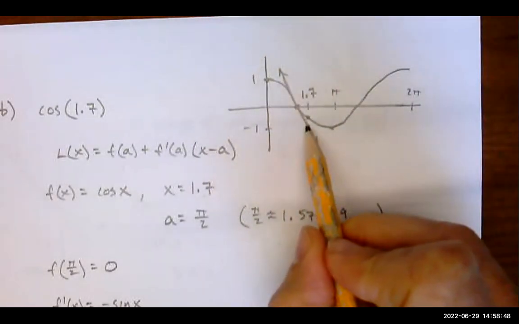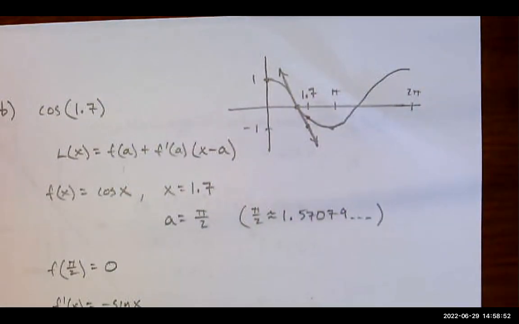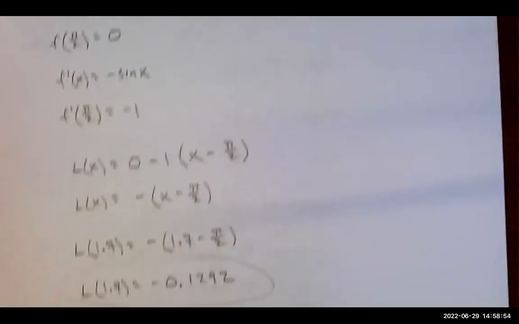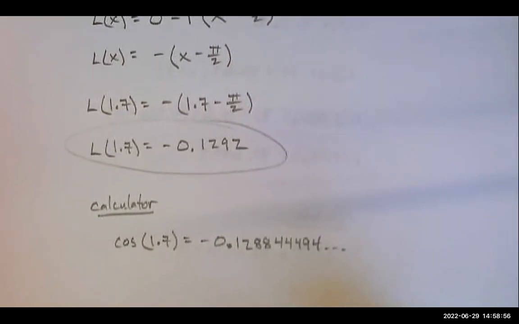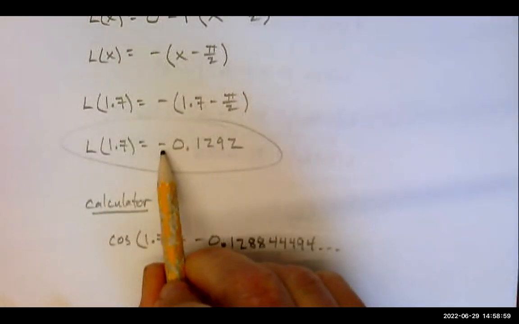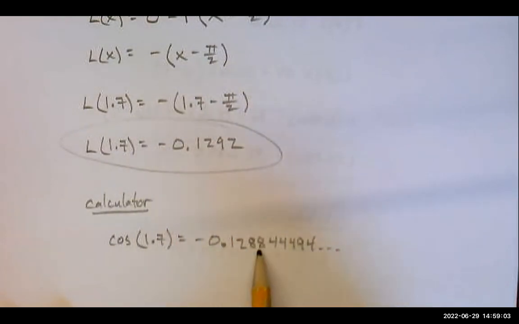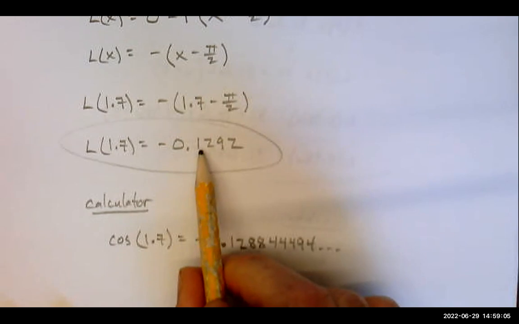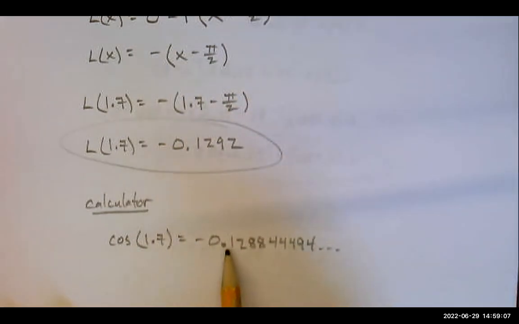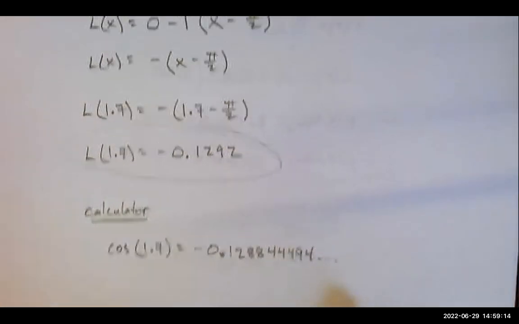So our approximation was a little bit too low again, because our tangent line was beneath. Is that really what happened? Yes, they're negative values. We're a little bit more negative in our approximation than the actual. We're at negative 0.129, and it's actually negative 0.1288. So we're a little bit below the actual.